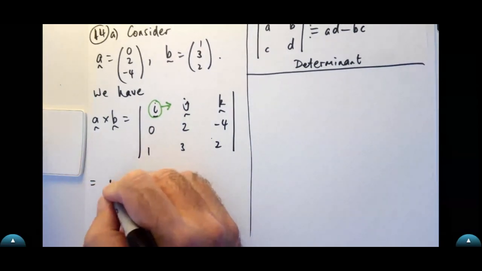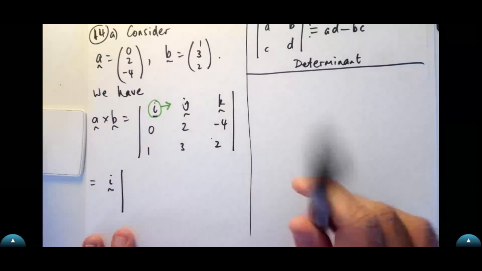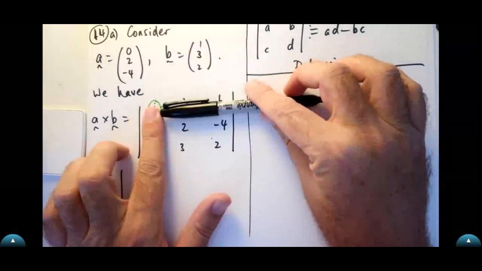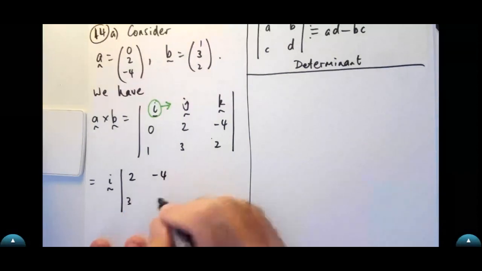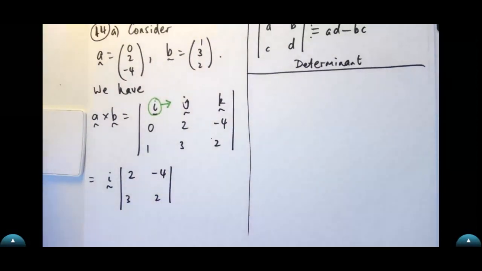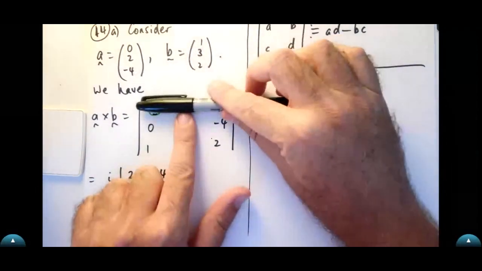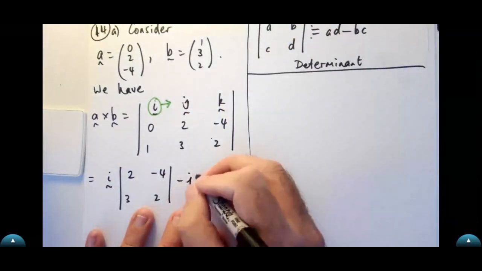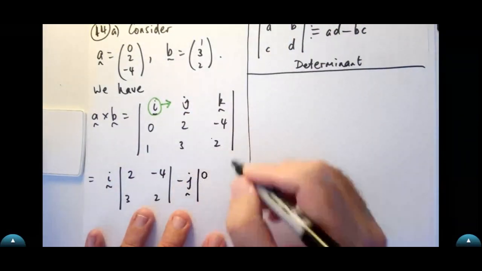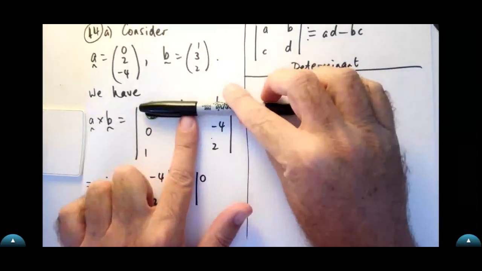All right, so one way of looking at this is to go, right, I times that. Okay, and then J times the determinant of that, but we alternate the sign. So it's that.